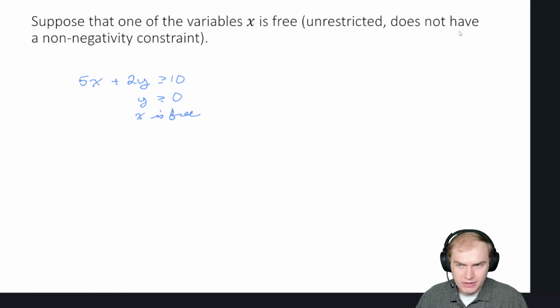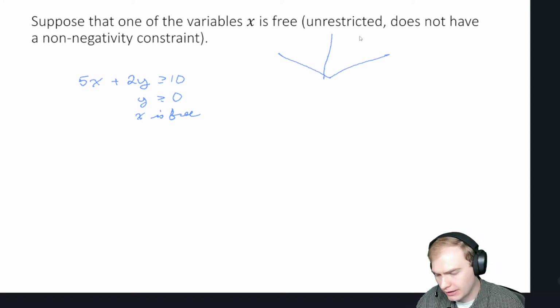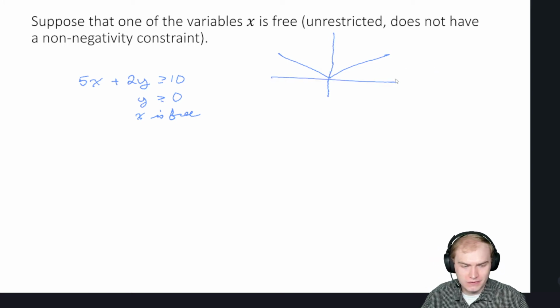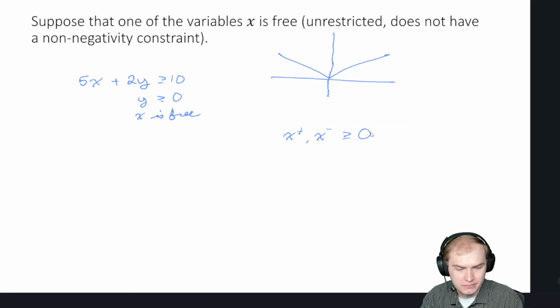And we've done this process before. If you remember, I talked about modeling absolute values as linear equations. We're going to do sort of the same process here. So we're going to define two new variables, x plus and x minus, which are greater than or equal to 0.